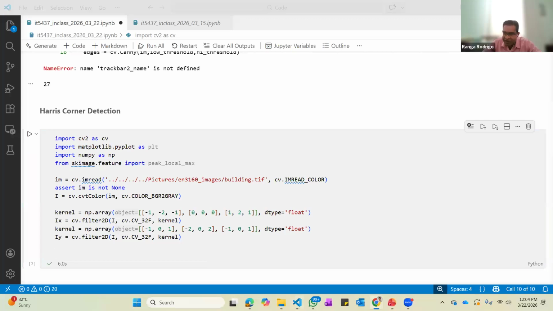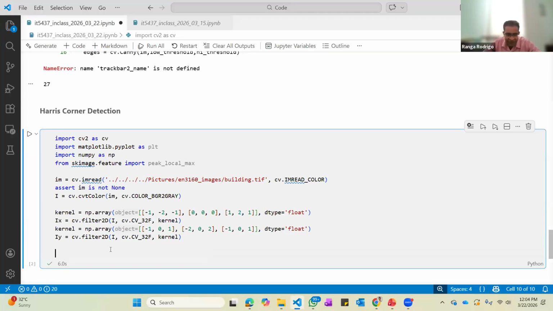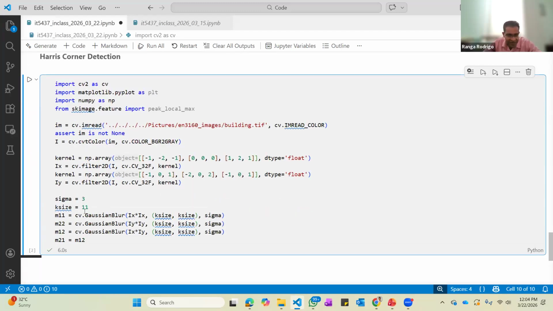So I will not spend time coding them individually. So this is what it is. I pick a sigma and kernel size 11. Then I Gaussian smooth Ix squared, Iy squared, Ix Iy. Those two off-diagonal terms are equal, right?